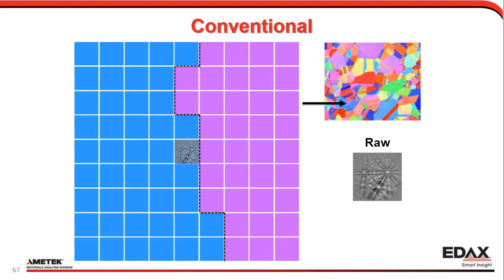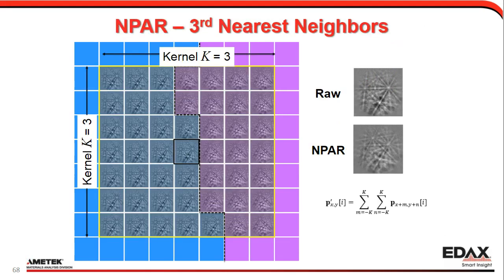So here's an example of a pattern at the center of a kernel, and there's the raw pattern, and we can do our NPAR and everything. It works great. But we could also go out to third nearest neighbors and use them. If we do that, then you can see our patterns get somewhat mixed because we are at a boundary and we've got patterns from two different grains, so we have an overlap mixed pattern.